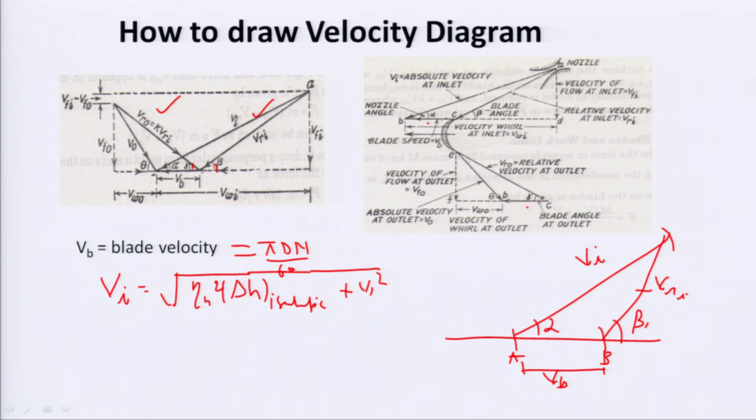If the blade angle at the outlet is given, draw a line from here at the same outlet angle, and this relative velocity at outlet, V R O, will be equal to k times V R I, where k is the blade velocity coefficient, which covers the frictional losses. So, we draw k times V R I here and join it here. It will complete your velocity triangle.